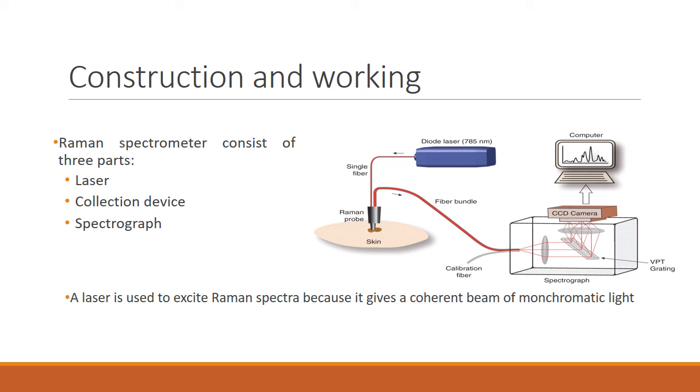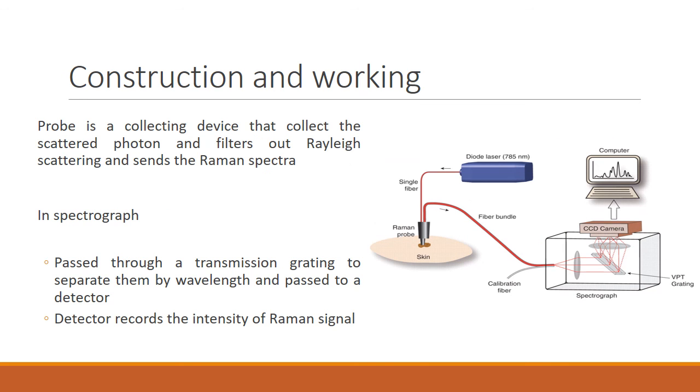That is the main function of the laser source, which interacts with the specimen you take. The next component is usually in the form of a probe. The probe is a collector device that collects the scattered photons, and from here you remove the Rayleigh scattering.